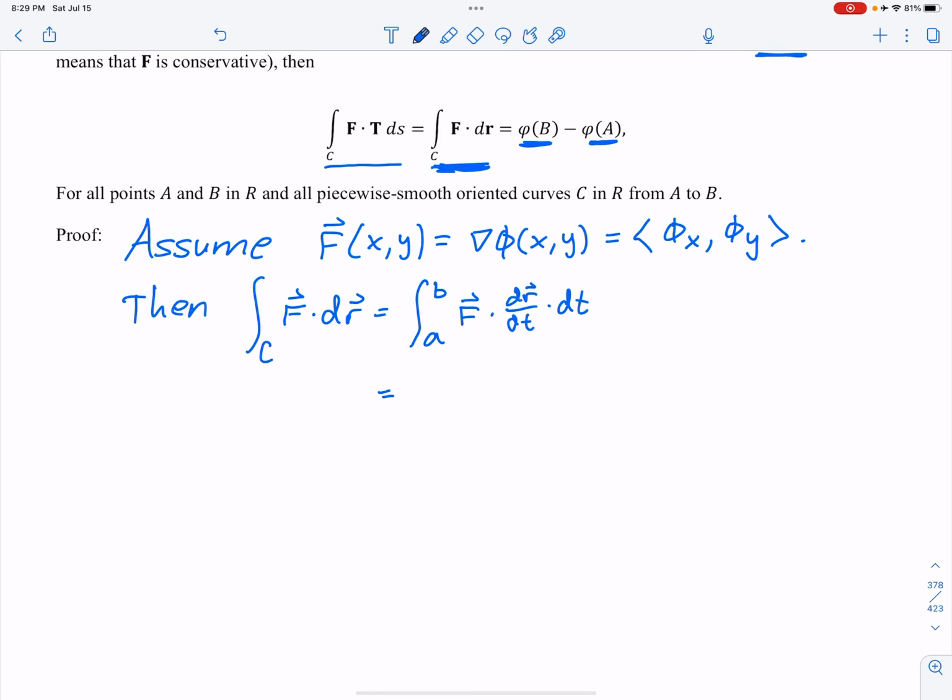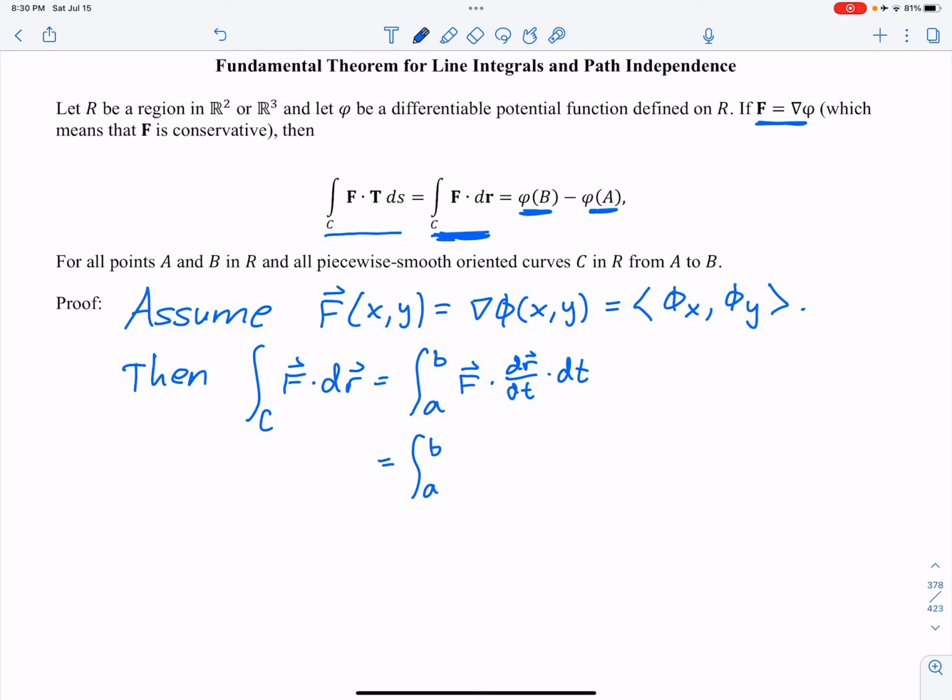Now, this is going to take a little bit for us to really get the idea. I want to make sure that you know that r of t, our path, is defined as x of t, y of t. We need to state that because we're about to write something here.